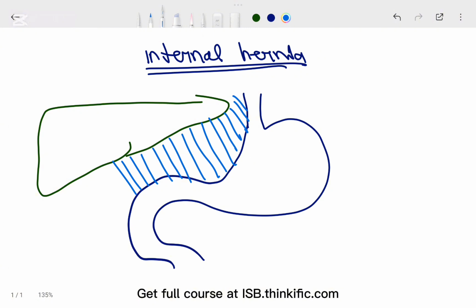We know that behind the lesser omentum, you will enter a sac called the omental bursa, refer to abdominal anatomy, right? Or also called the lesser sac. This opening, which communicates to the lesser sac behind the stomach, is called the foramen of Winslow, right? We know that.